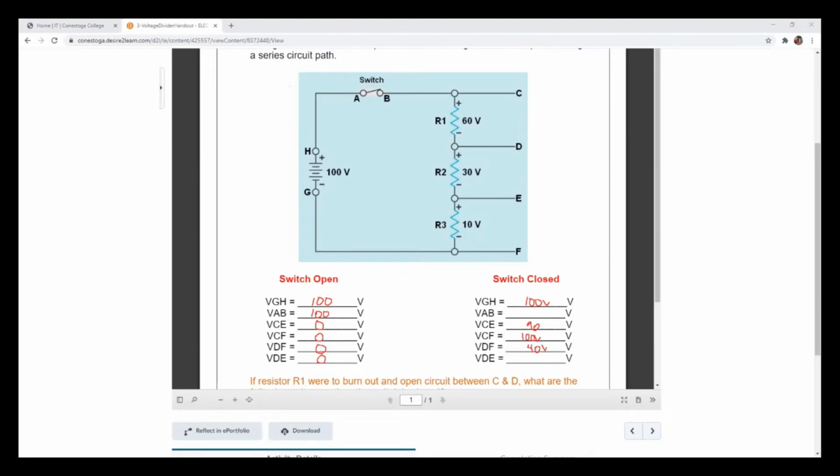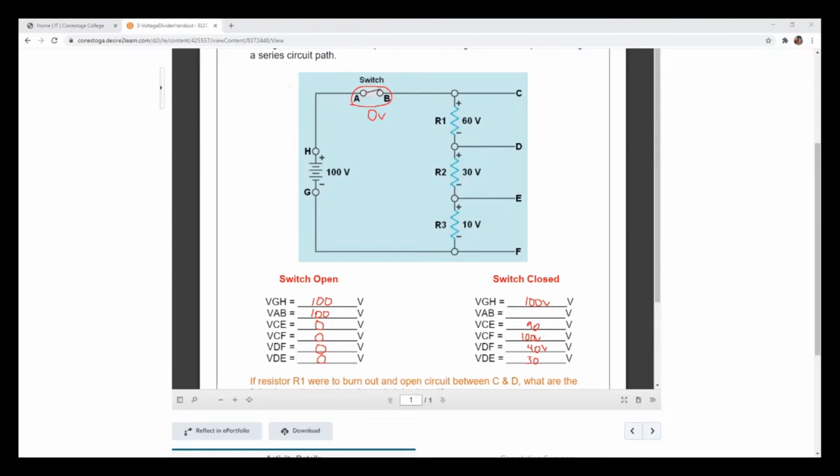And then when we get to DE, sorry, DE, that's going to be 30 volts. Now, the question would be, how much voltage do we have between A and B? 0 volts, perfect.